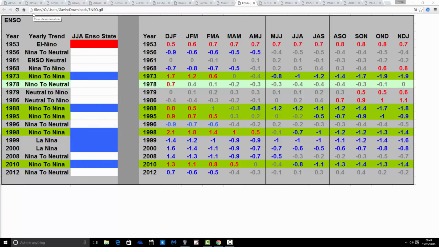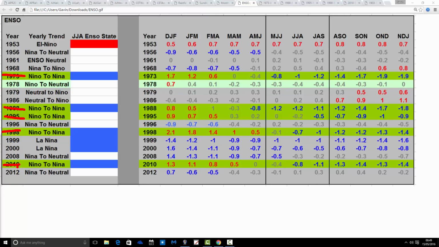So James has sent through this spreadsheet, and we can see that actually there's probably more of these 17 that weren't transitioning from El Nino to La Nina, but there are years within these 17 that do transition from Nino to Nina. And we see that the years are particularly 1973, 1988, 1995, I'll talk about that in a second, 1998 and 2010.